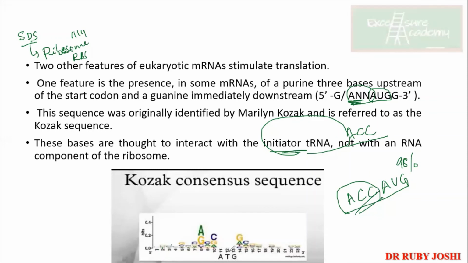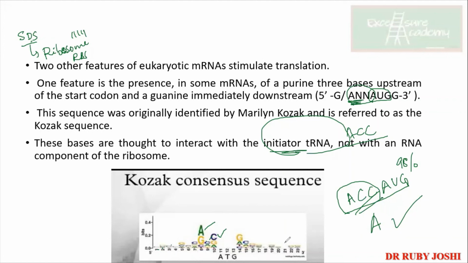What does it signify? If tomorrow you get such a graph, how you have to read it is: this is for your ATG sequence, right? The simple way is, the bigger the letter, the bigger the alphabet, it means the occurrence of that particular nucleotide is high. For example, at this position the presence of AG is very high, and then C is present to that extent, and then over here C. So this percentage will tell you.